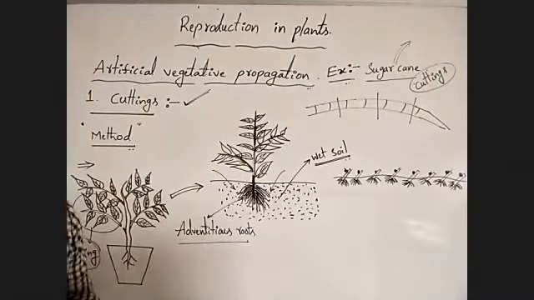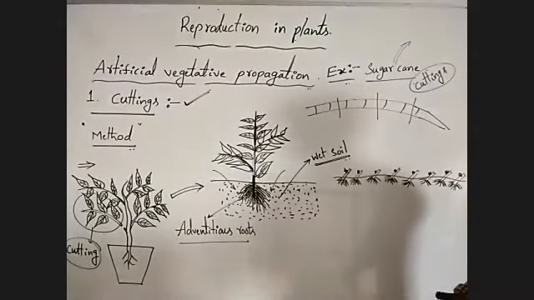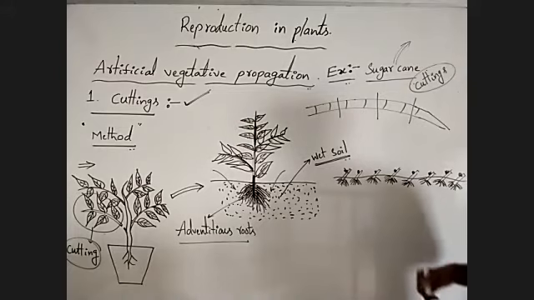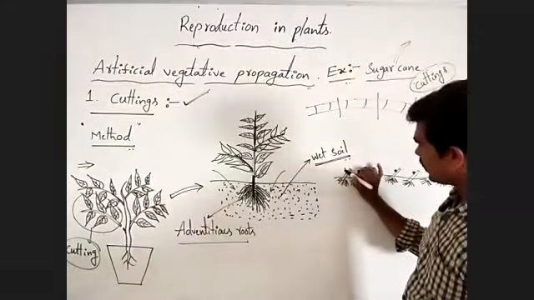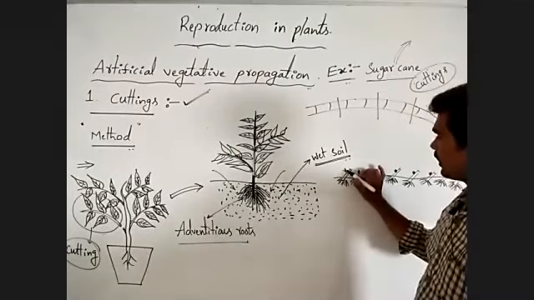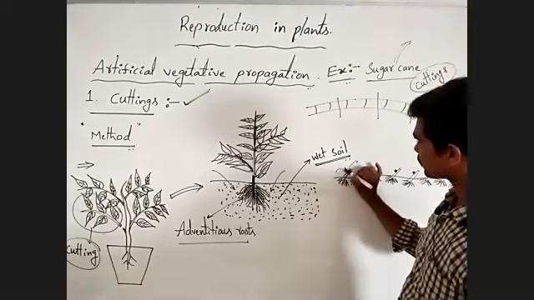Next, apical buds and axillary buds start growth by forming the leaves.